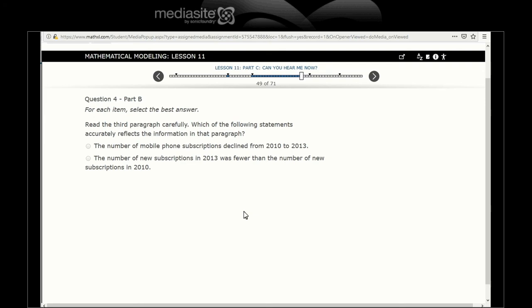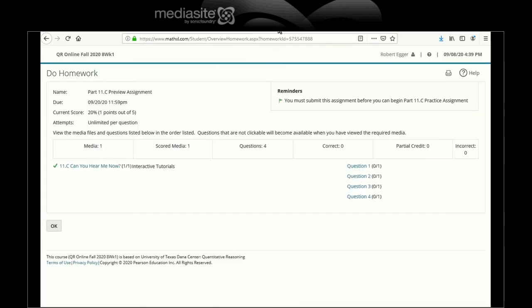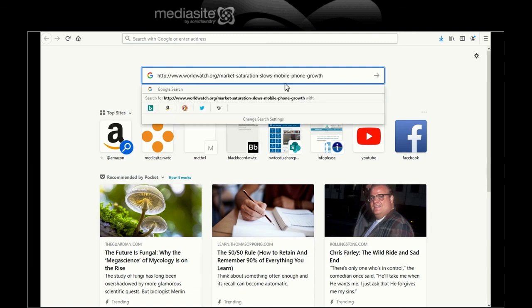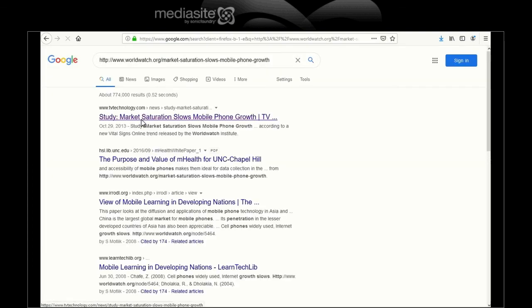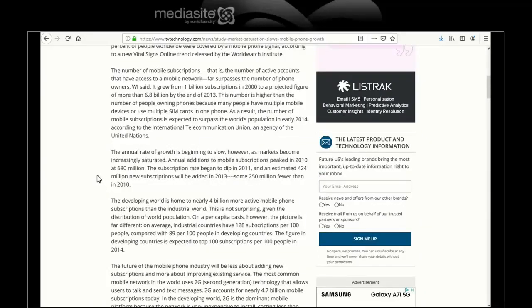Read the third paragraph carefully. The third paragraph, 1, 2, 3: the annual rate of growth is beginning to slow. So it's on the curve down. Still growing, but it looks like we're getting to this part of the curve.